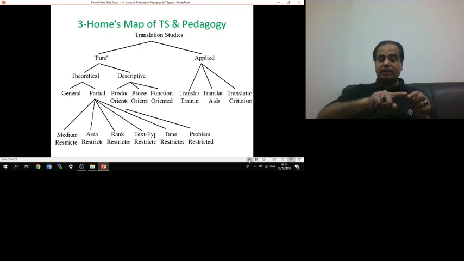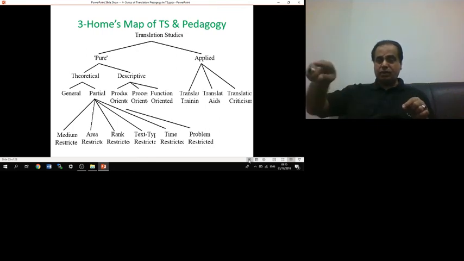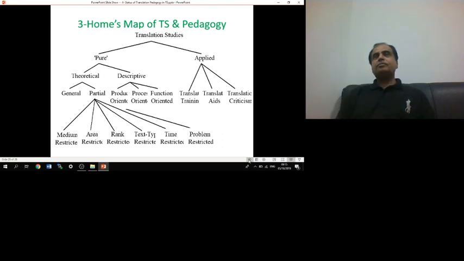So you can draw a line from area restricted to applied, rank restricted to applied, text type restricted to applied, time restricted to applied, and problem restricted to applied, because everything that is produced in the theoretical part of these areas becomes relevant for the implementation inside the classroom for the purpose of training, for the purpose of teaching, for the purpose of preparing translators and interpreters. I'm sure you are able to relate these pure sides to the applied side.